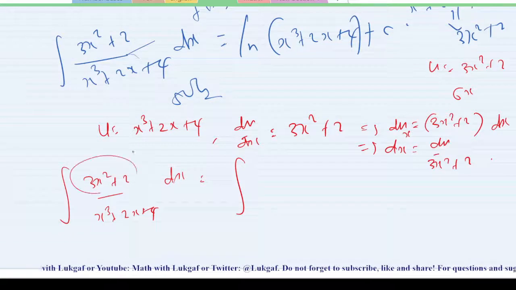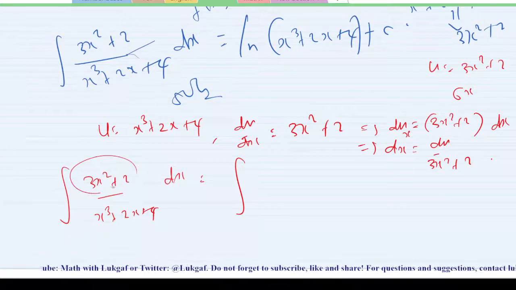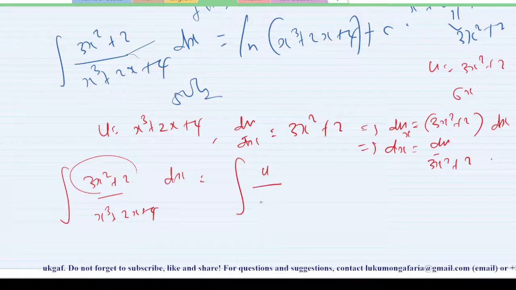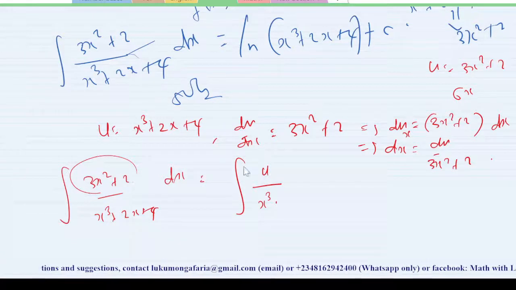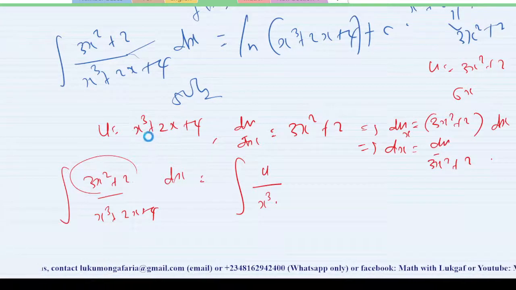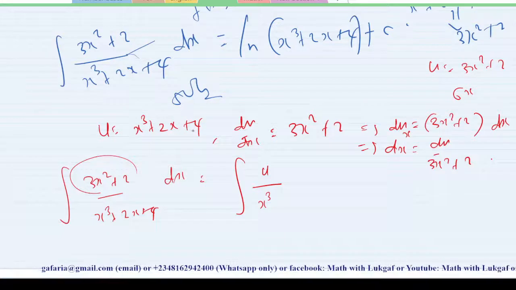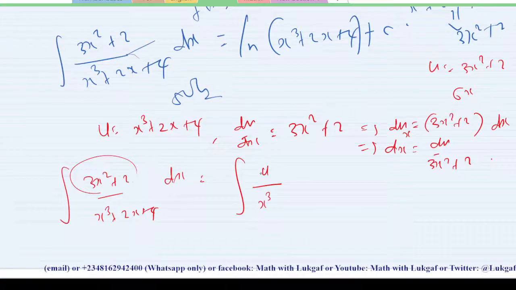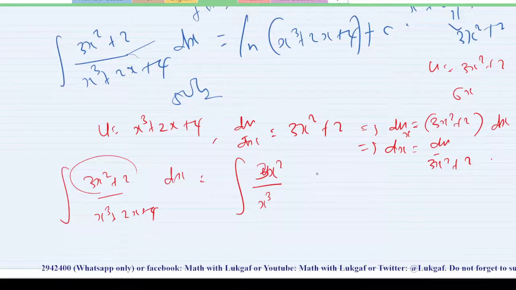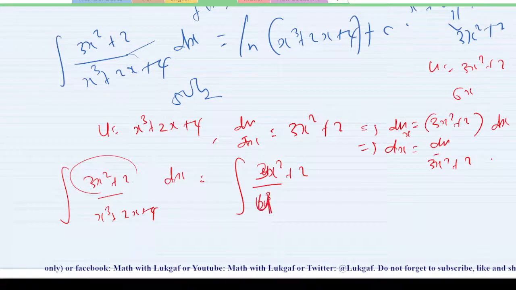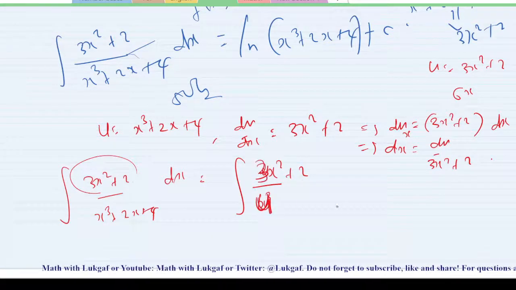I've made my u to be, no, sorry, my u is x cubed plus 2x plus 4, not the numerator. So you have 3x squared plus 2, and I've made the numerator to be what? To be u. Then multiply by dx.